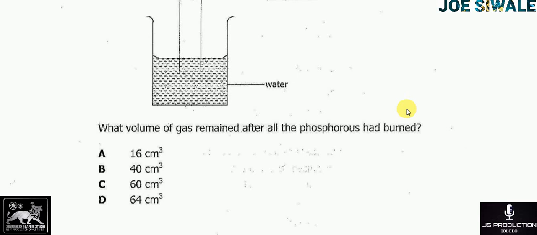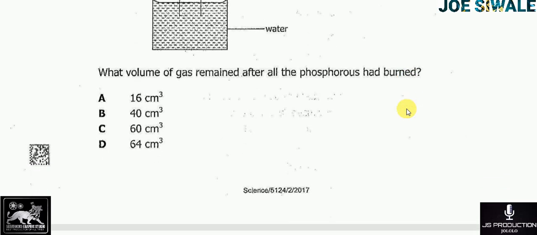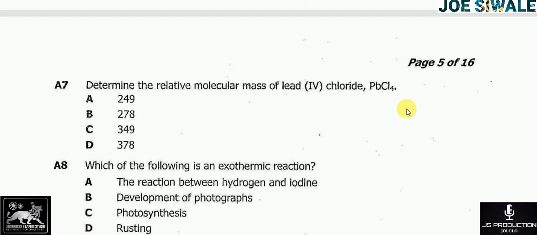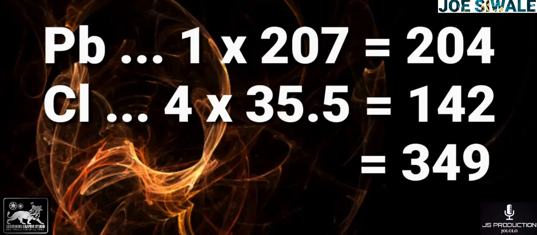Question 7 reads: determine the relative molecular mass of lead 4 chloride, which has the chemical formula PbCl4. I'll start with lead. The number of atoms in the chemical formula is only 1 for lead, multiplied by the mass number of lead, which is 207.